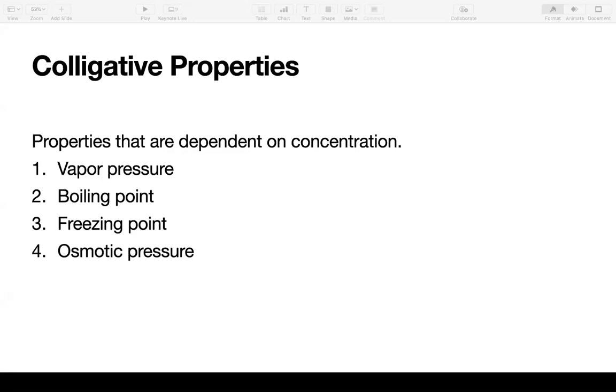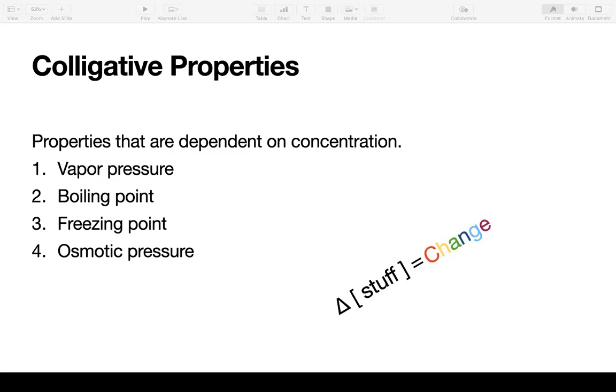Colligative properties. Hopefully you guys have heard of colligative properties up until now. They're properties that are dependent on concentration. So different things that could change are vapor pressure, the boiling point, the freezing point, and osmotic pressure can all be changed by the concentration of your solution. So basically, a change in the concentration will give you change.